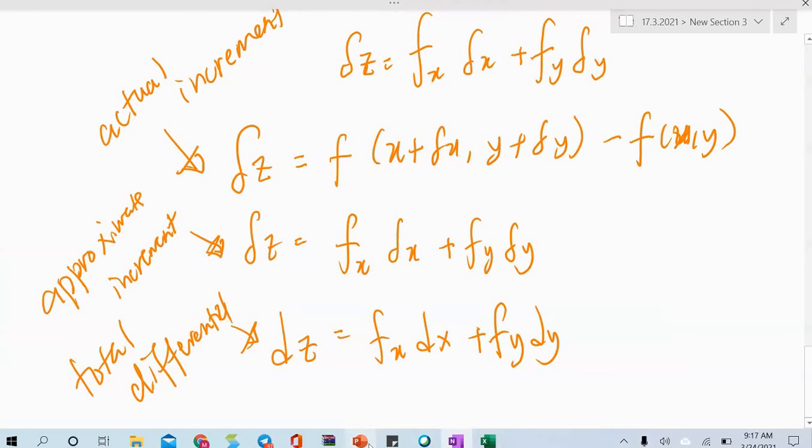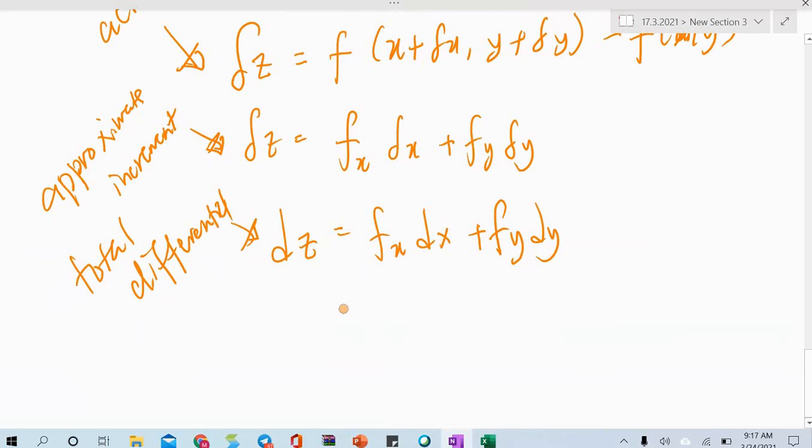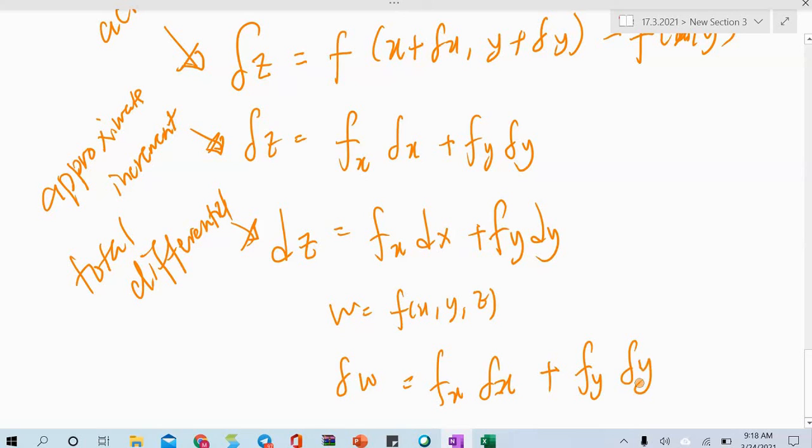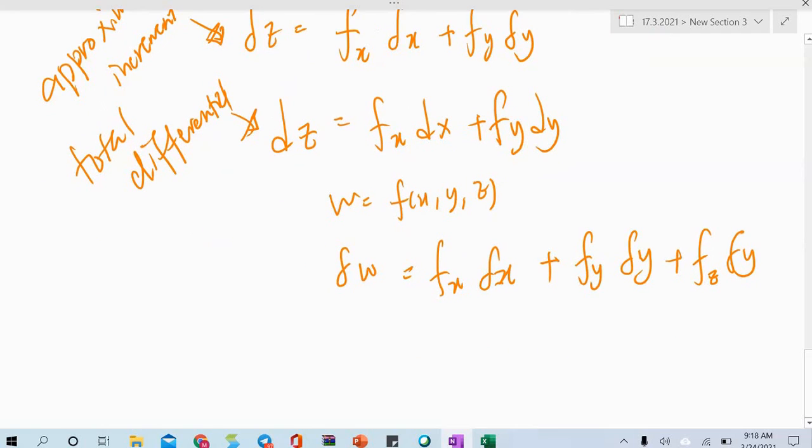Let's say I have w as a function of x, y and z. Delta w for the approximate increment will be fx delta x plus fy delta y plus fz delta z. So the total differential will be dw equals fx dx plus fy dy.